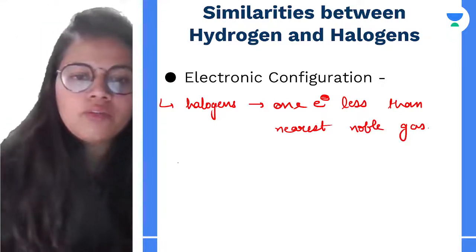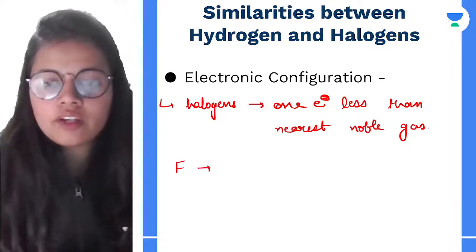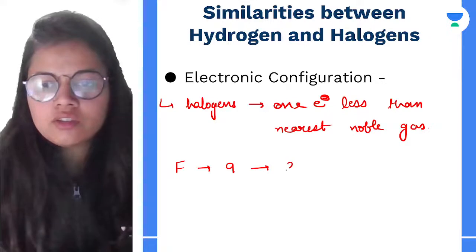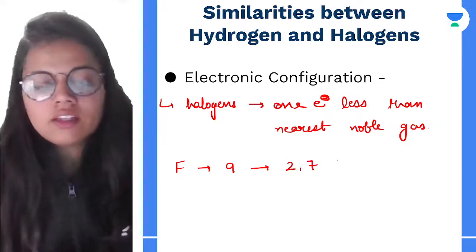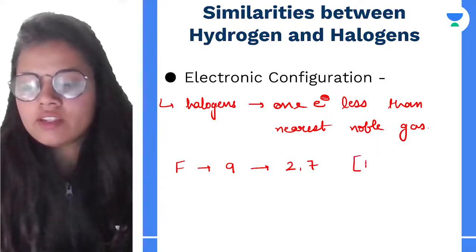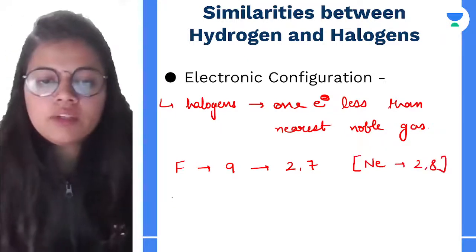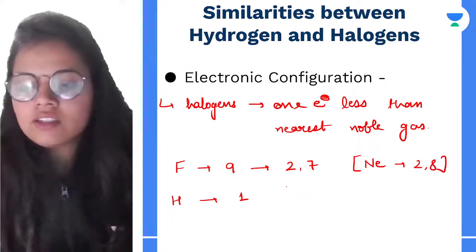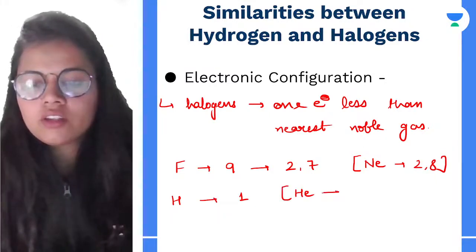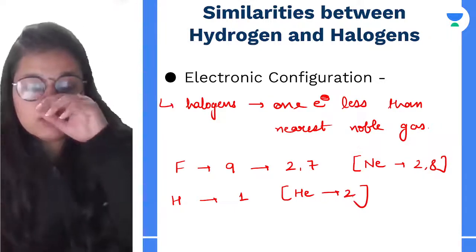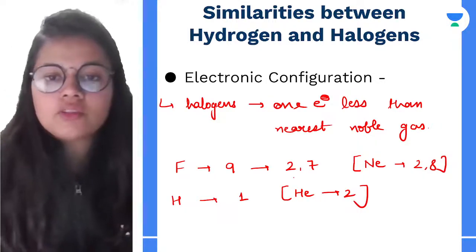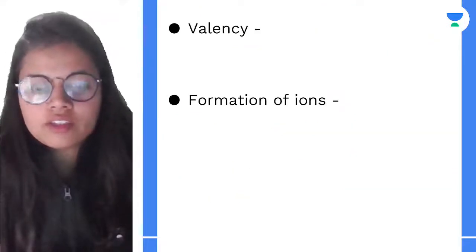For example, fluorine has an atomic number of 9, configuration is 2 and 7. And the nearest noble gas over here is neon, having the configuration of 2, 8. Similarly, hydrogen having the configuration of 1, it is nearest to the helium having the configuration of 2. So this is the similarity between hydrogen and halogen in terms of electronic configuration.